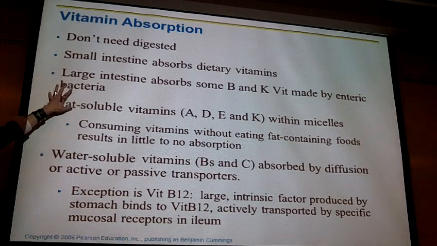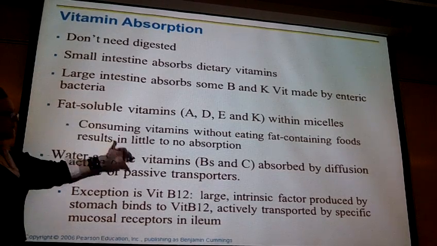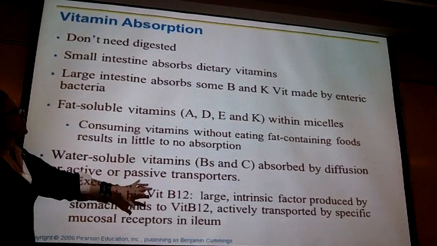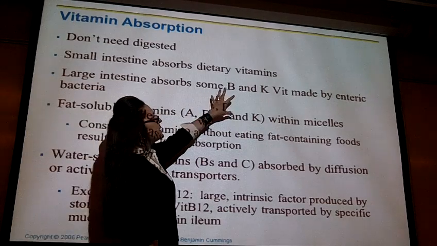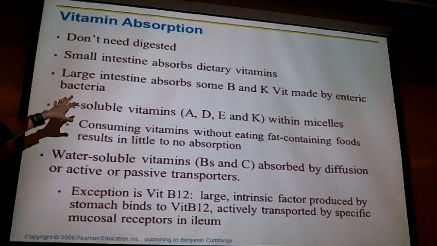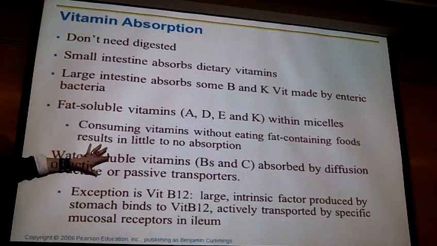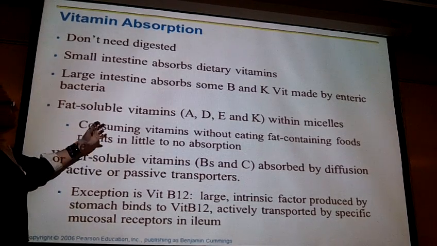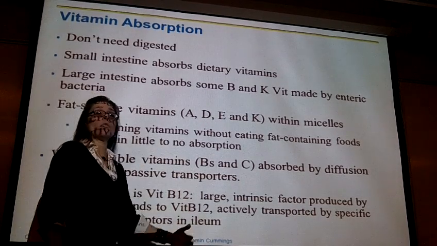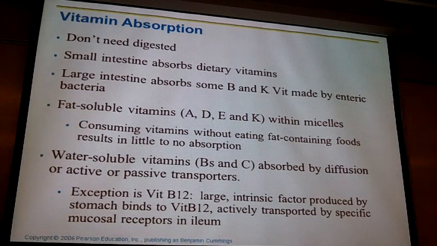Now, one thing to mention about vitamins is, again, we're going to take these different vitamins in through our diets. The B vitamins and K vitamin we can also make via these enteric bacteria. Now, in terms of vitamins, you can break them down into, are they fat soluble or are they water soluble? And this will influence how they're absorbed and how they're stored in the body.